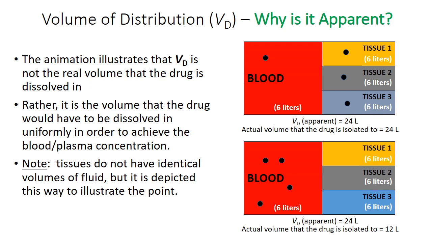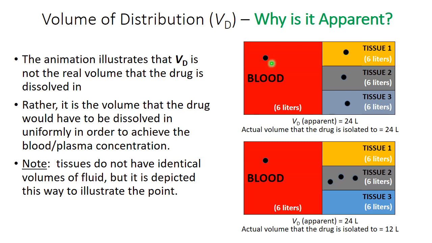However, because we're only measuring drug in the plasma or the blood, we don't really know what tissues it's getting into. We just know it's going somewhere. We don't know exactly where unless we measure that. So what if we repeated that with a different drug, and it did this? What if all the drug went into one tissue? Guess what?